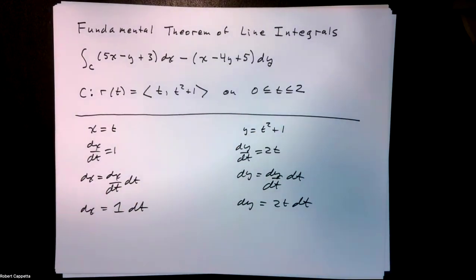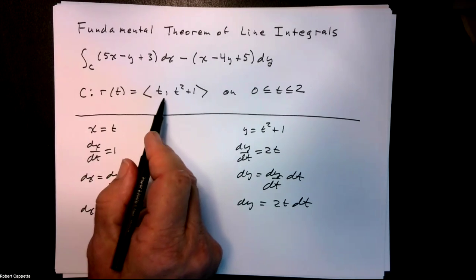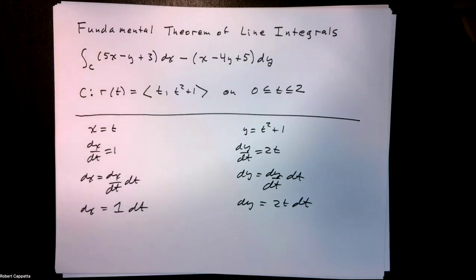So we're going to go ahead and make that change. We're going to substitute in t whenever we see an x, t squared plus 1 wherever we see a y. dx will be 1 dt, dy will be 2t dt, and t will range from 0 to 2.